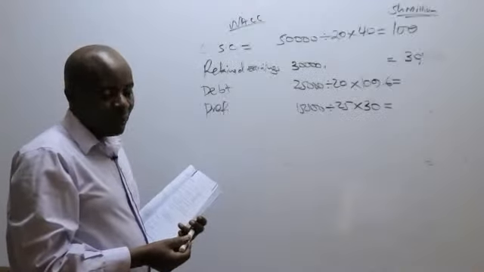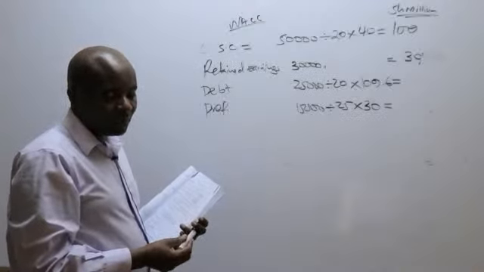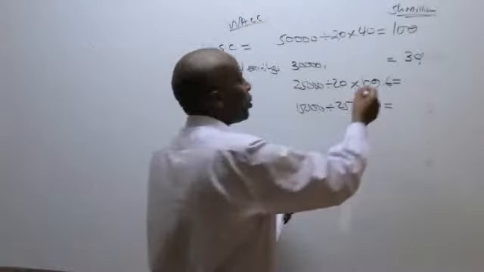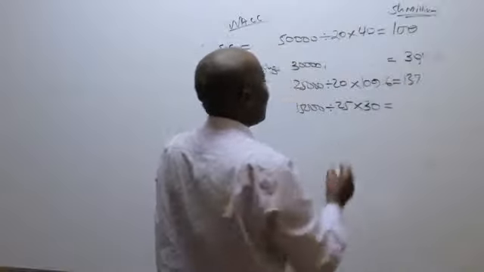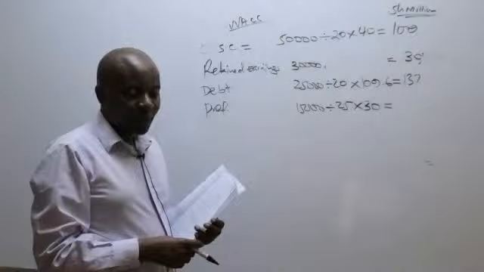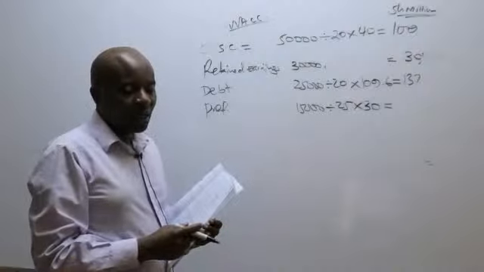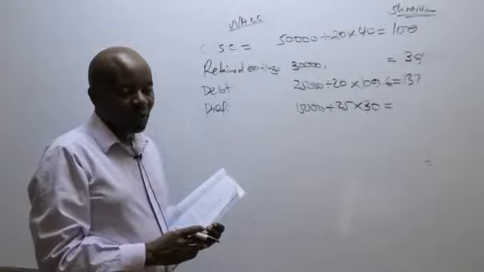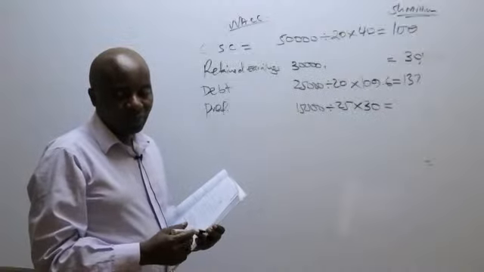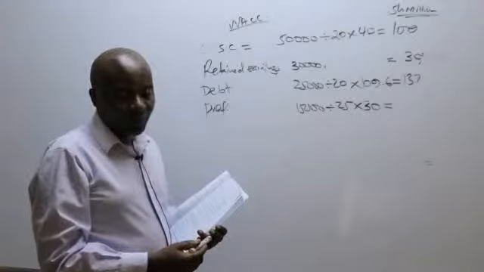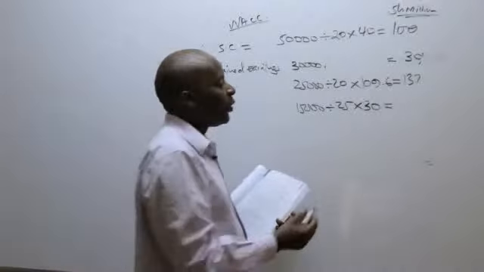Under debt we have 137,000, so 137. I've decided to work without the zeros. And preference is 18. Thank you very much.